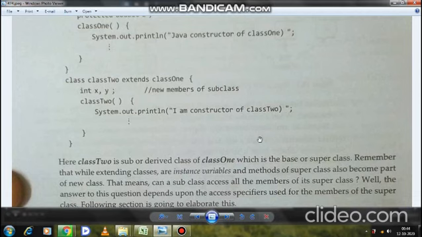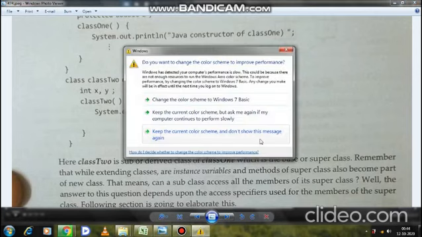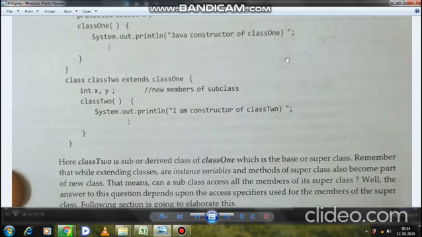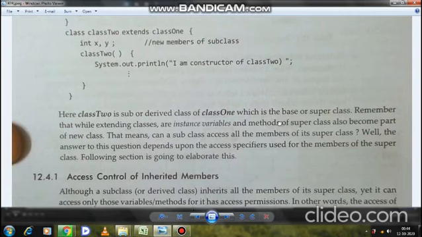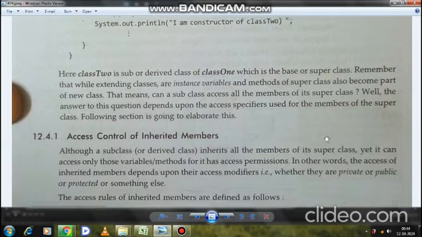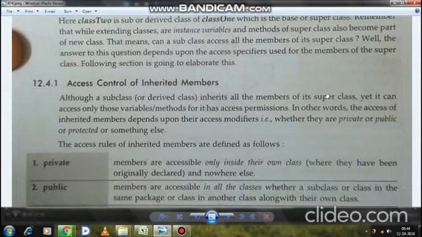So there is a question: are all the instance variables inherited? Obviously not, but there is a thing known as access control. You need to understand this access control part first, then your answer will be clear.